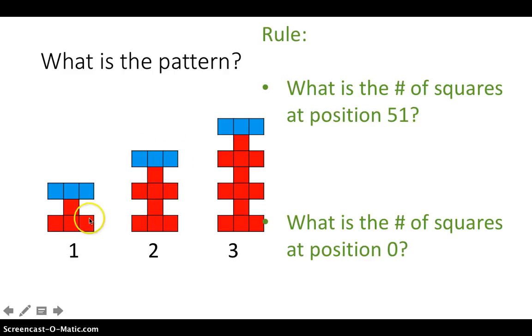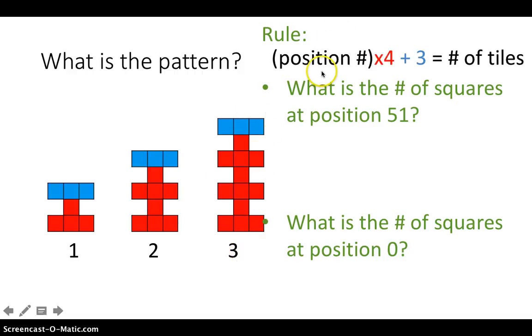So we have the total number of tiles in this case would be 4 plus 3, which is 7. In this case, it would be 2 times 4, which is 8, plus 3. In position 3, that means that we have 3 groups of 4, so that's 12 plus 3. So the position number times 4, because that tells us how many groups of 4 we have, plus 3 is the total number of tiles.